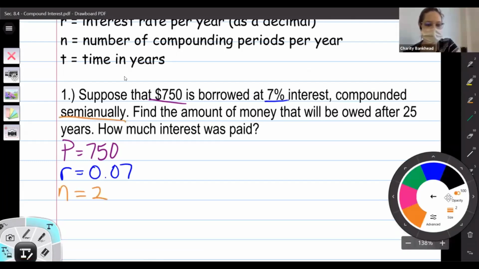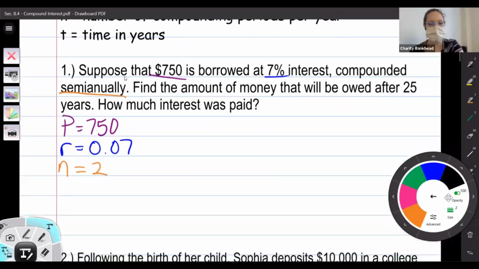And then it's for 25 years, so T is going to be equal to 25. And then we're just going to put all of those numbers into the formula.